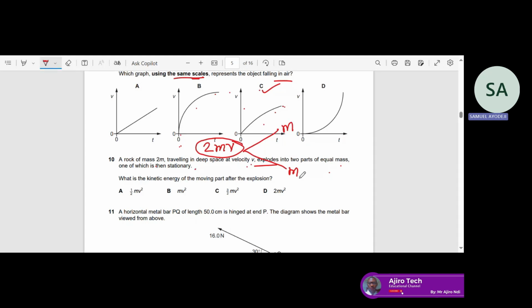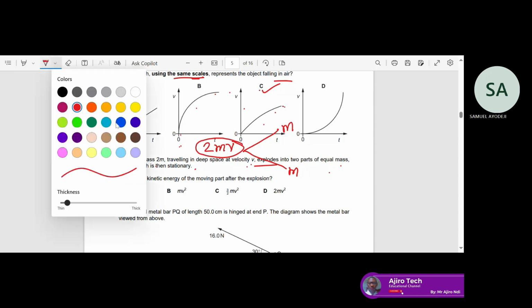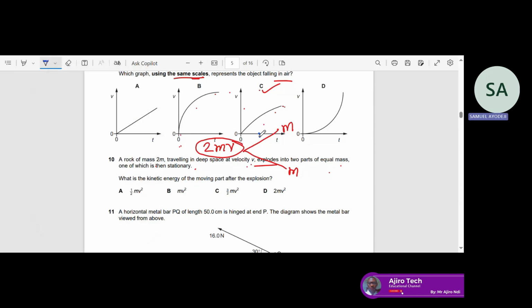I don't know yet which one. So let me put it this way. This is object 1, this is object 2. One of them is stationary, meaning that momentum of that one is zero.